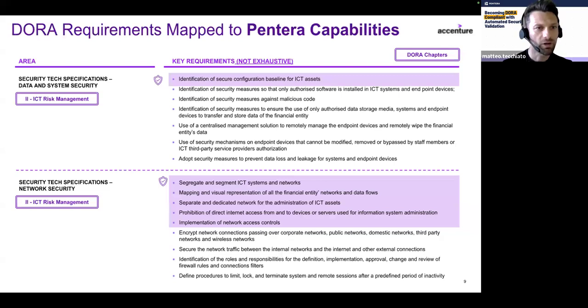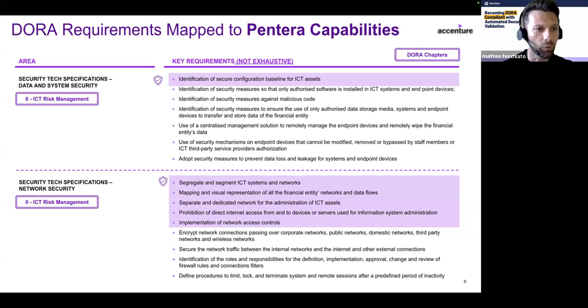Yeah, first of all, let me summarize that DORA is a very good collection of requirements that were already required by different regulations in the financial service institution, but also from standards and best practices in cybersecurity, like NIST, for example.